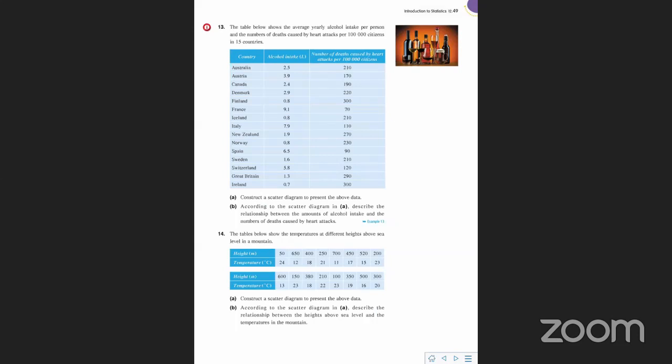Now, you can see that there are two tables, right? For question 14, the table below shows the temperature at different heights above sea level in a mountain.